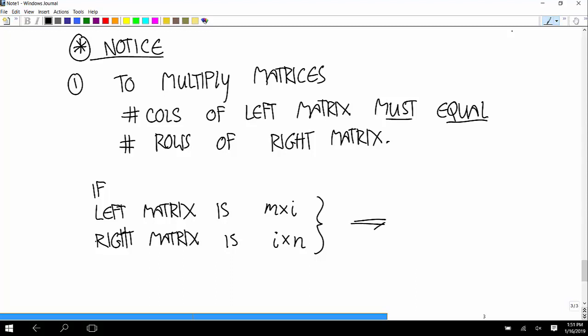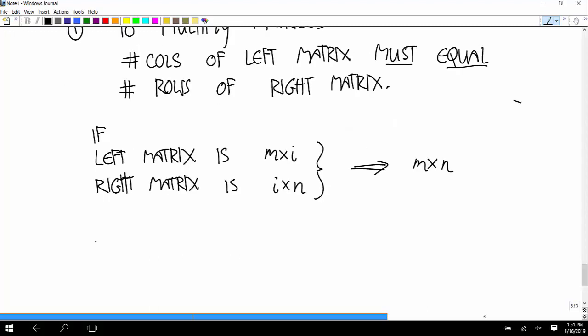Then the result of multiplying them together is M by N. So if you're multiplying two 3 by 3 matrices, the output is 3 by 3. That's what we're going to do most of the time. Two more quick things, and then we're out of here.